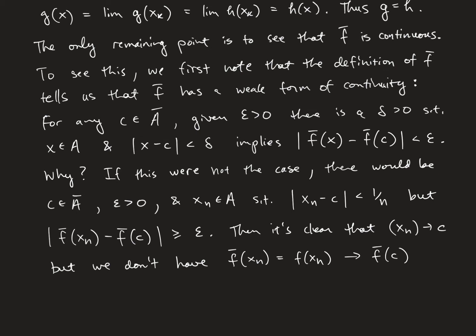And this is contrary to the definition of f bar. Remember we showed above that no matter what sequence in A you take going to C, the f bar of C is the limit of the f of xn. So we don't have that, which is contrary to how f bar of C is defined.